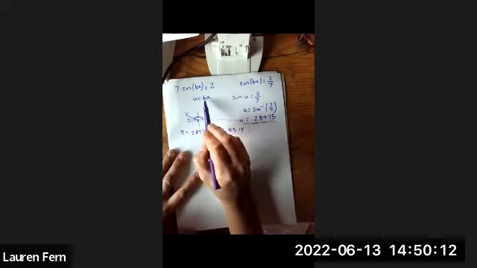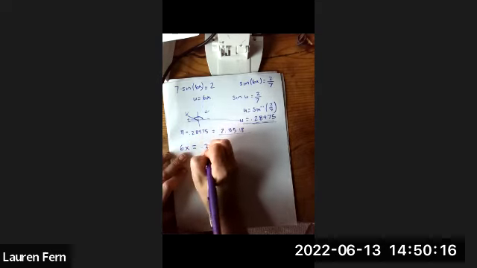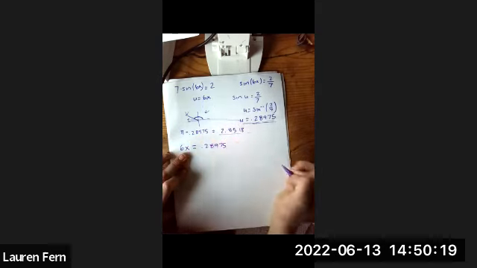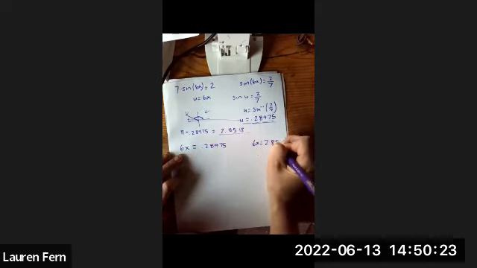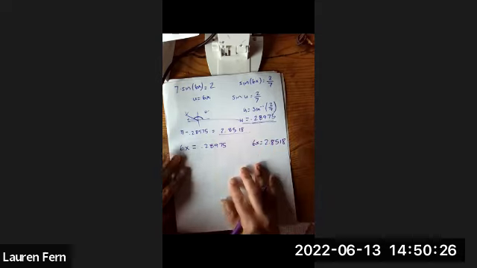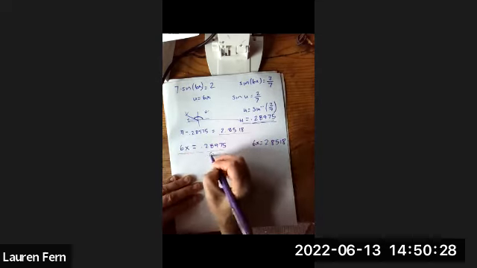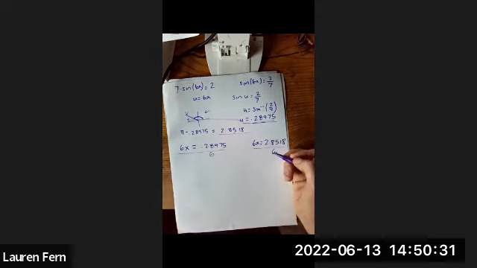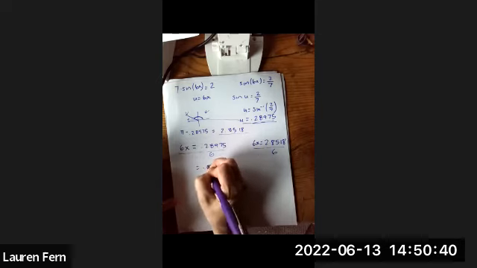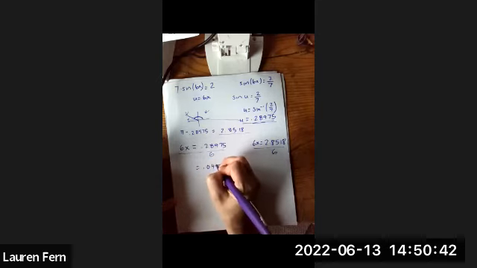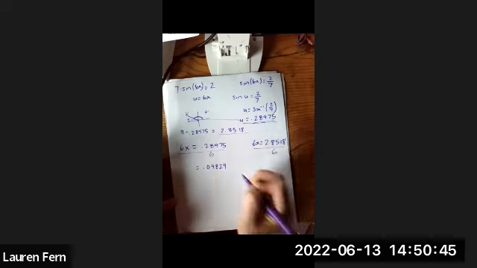But we wanted x. So we say that u, or 6x, is 0.28975. Or u, or 6x, is 2.8518. Well, we can certainly solve both of these sides for x. And what we do is we divide both sides by 6. And so one of my solutions is 0.04829.